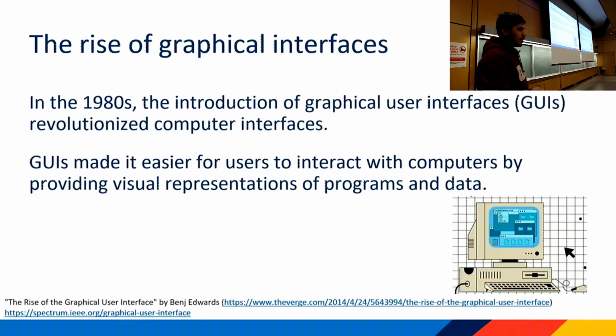And the rise of the graphical user interface in the 1980s. Here is a simple picture. You can see by mouse cursor, you can navigate through the user interface, you can select, you can delete, you can do a lot of things.